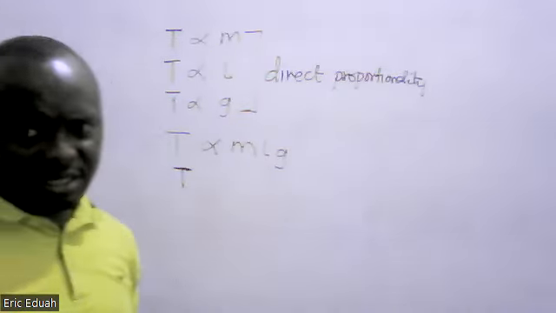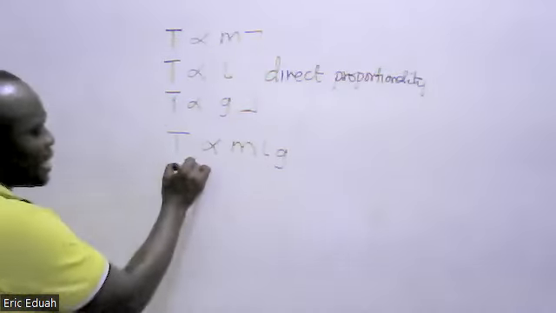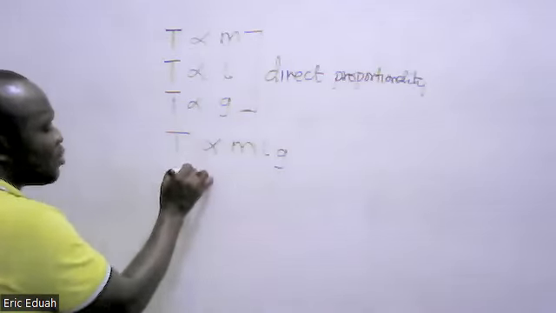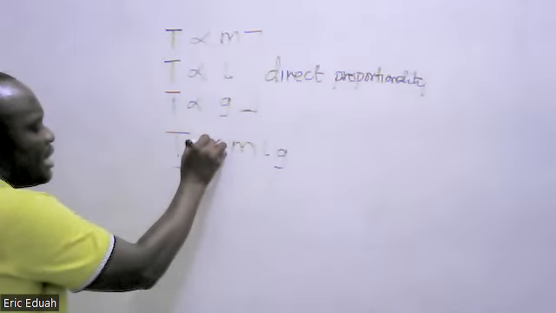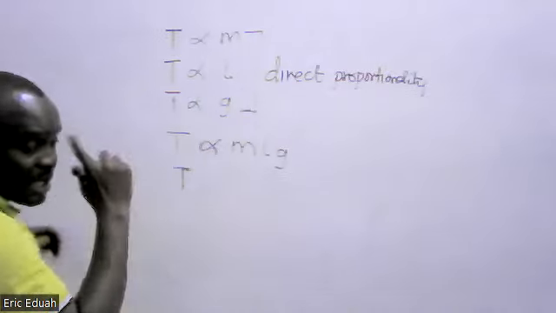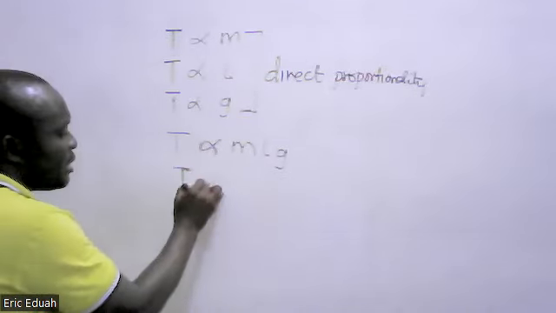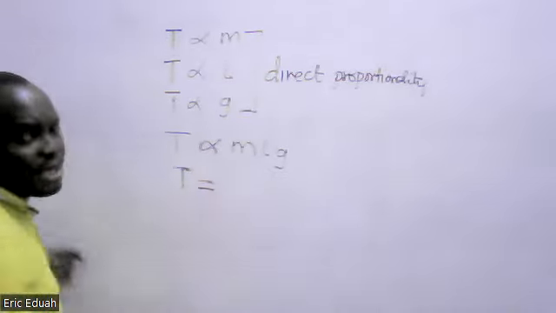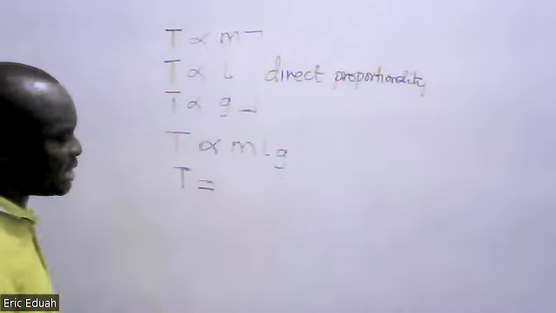In variation, whenever you introduce an equal to sign in place of this proportional sign, there should be a constant of proportionality.